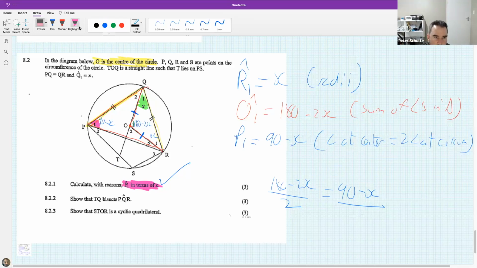So just to go over, I think I lost some people. This is x because of radii. This is 180 minus 2x because of angles in a triangle. And then half of that would be this one over here.